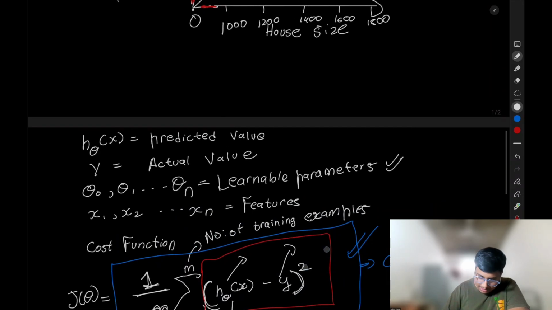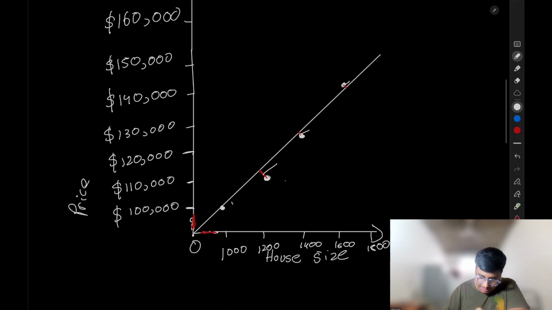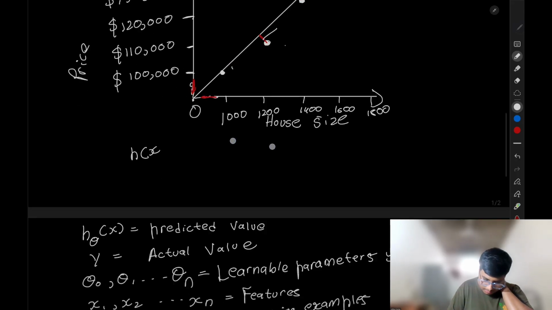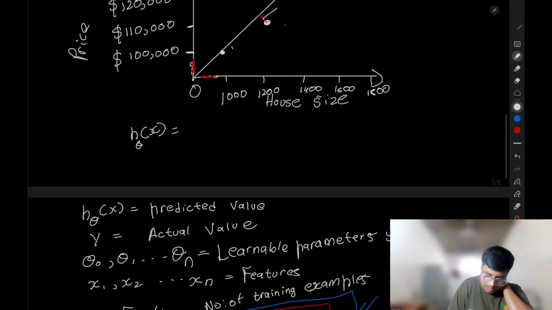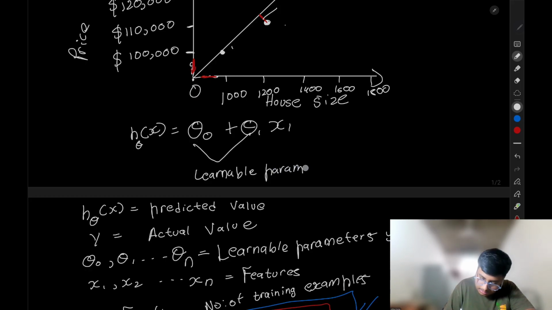For example, in our original example, since we have only one feature, the function will be theta naught plus theta 1 x1. So this is the bias term. Or if you don't want to go into that complexity, both of these are our learnable parameters for this example. And this is our feature.